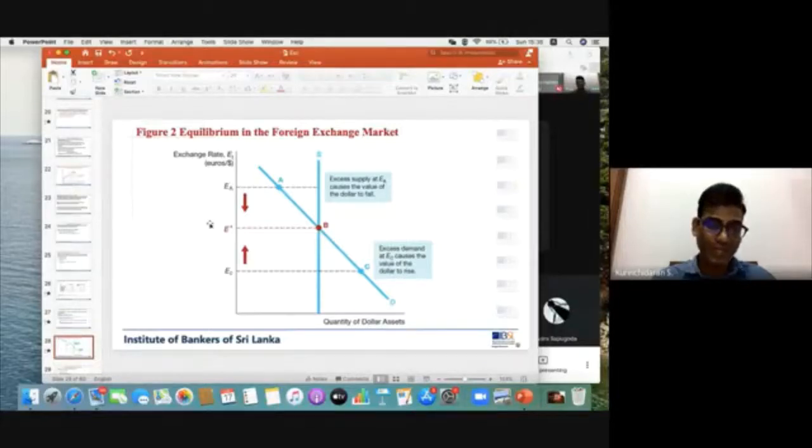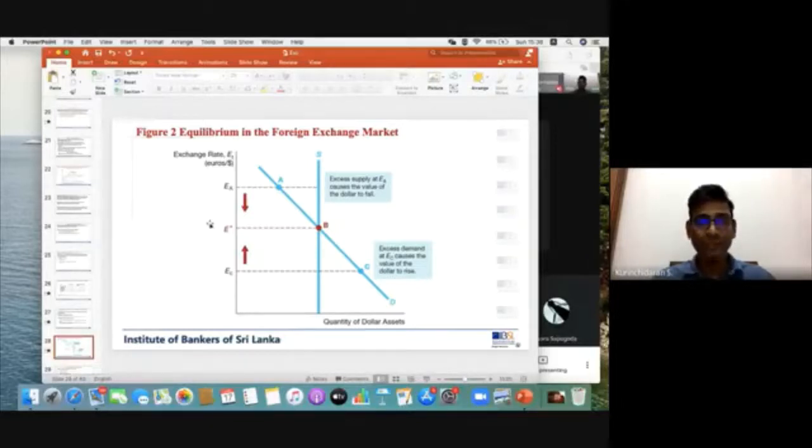As I always say, when you put E star, star means at equilibrium, right? So this is a very important concept, how the exchange rate is determined in the short run.